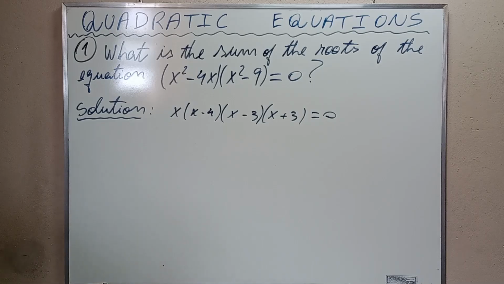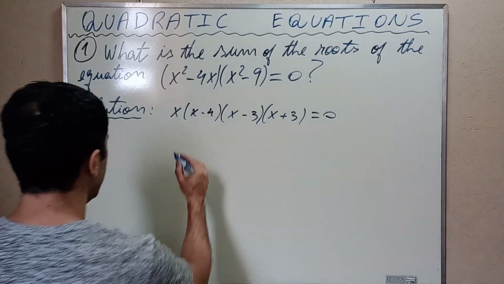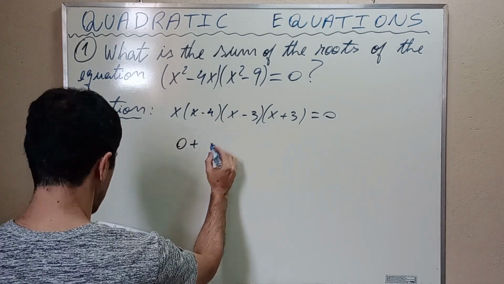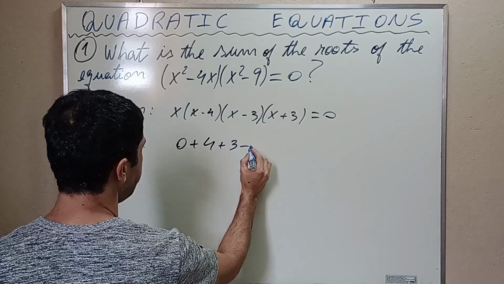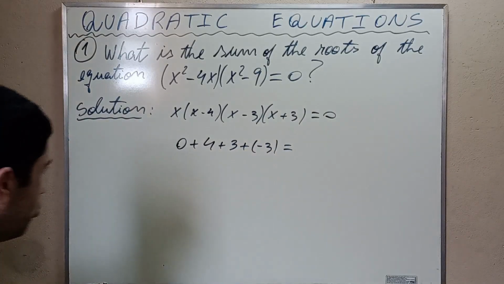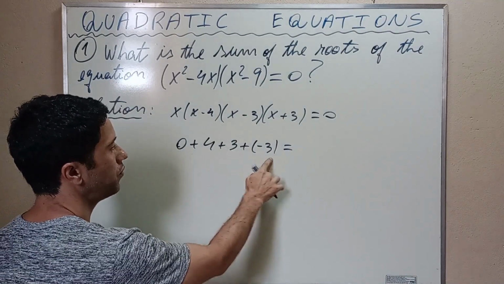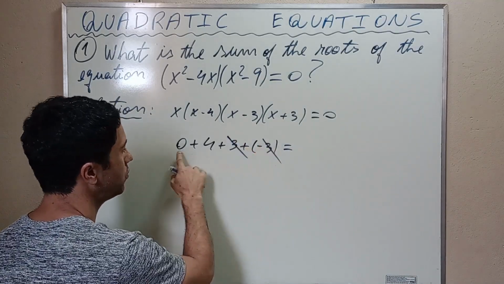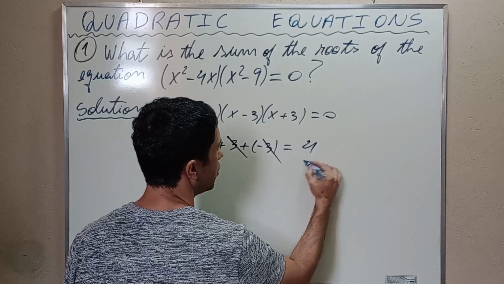And the exercise wants us to sum the roots. We discovered that the roots were 0, 4, 3, and negative 3. Thus the sum is 0 plus 4 plus 3 plus negative 3, and 3 with negative 3, they cancel each other out. 0 plus 4 is 4.